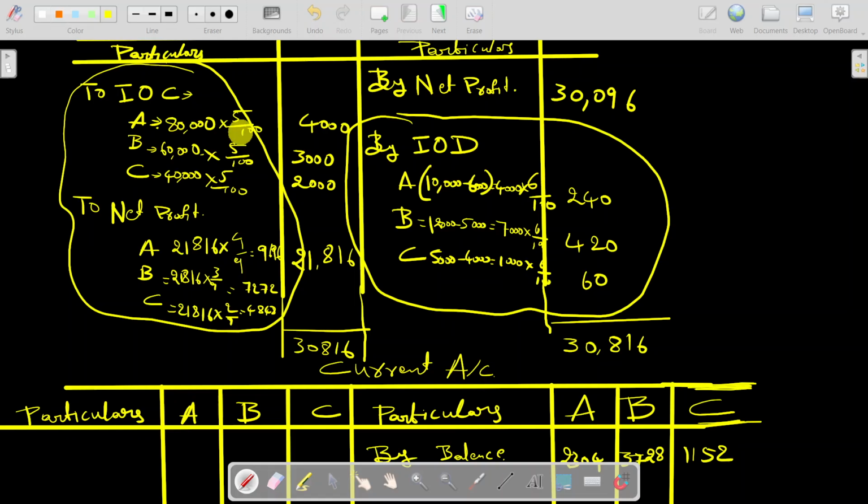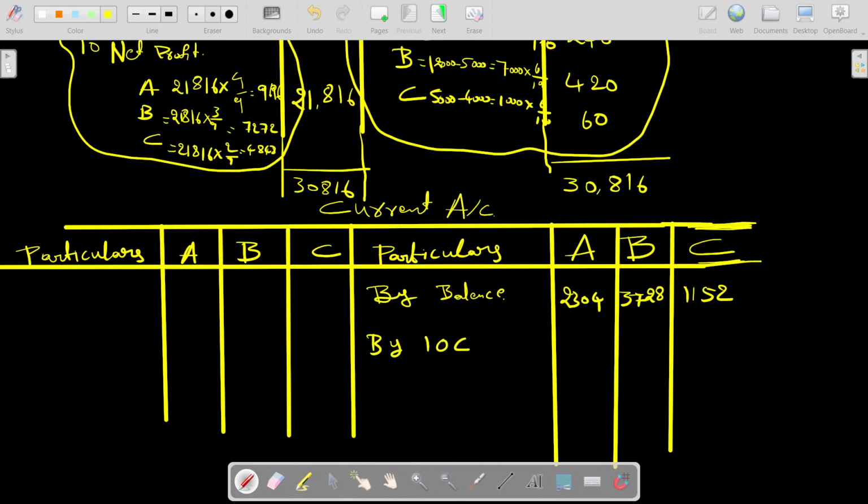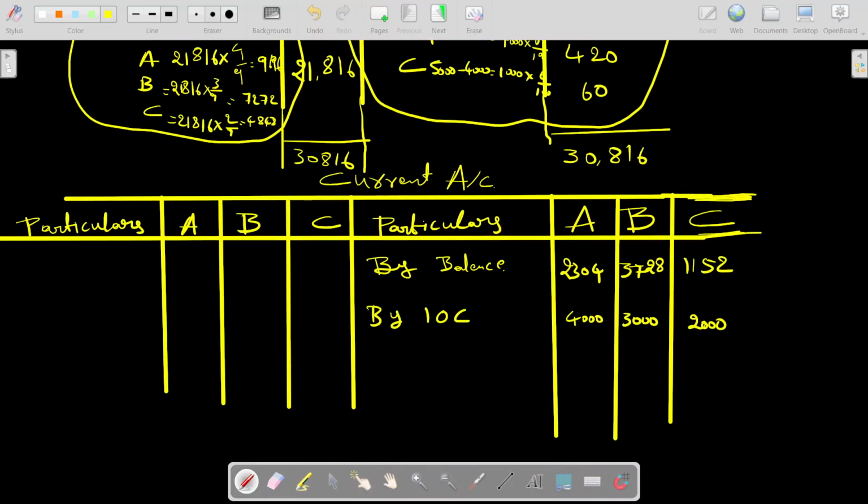So here interest on capital, by interest on capital for A 4000, for B 3000, for C 2000, right?